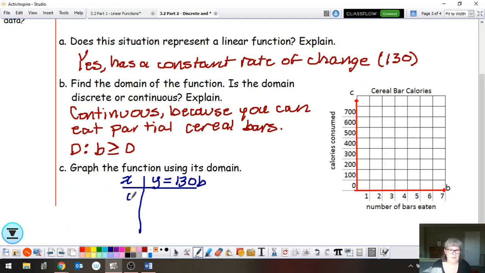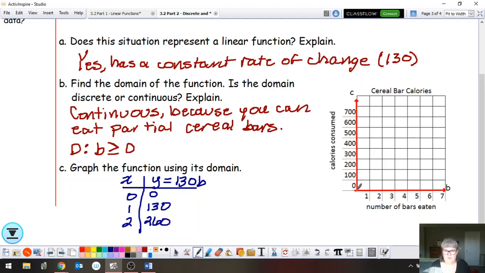I'm going to use 0, then 1 and 2, small enough numbers. When we have 0 bars eaten, there should be 0 calories consumed. For 1 cereal bar, it is going to be 130. For 2 cereal bars, it's going to be 260.